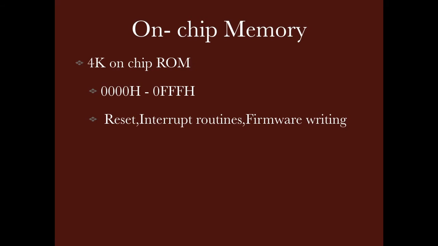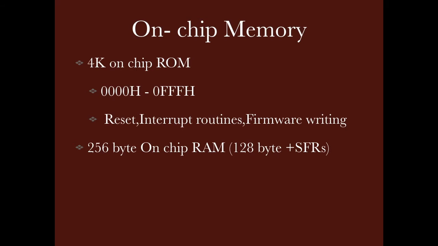Then interrupt routines: whenever any interrupt comes, the microcontroller jumps to one of the locations of the on-chip ROM, depending on the interrupt received. So all interrupt routines are put in these memory locations, and some memory is kept for firmware writing.